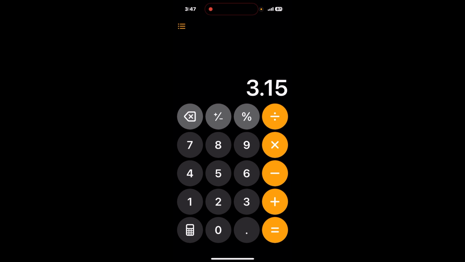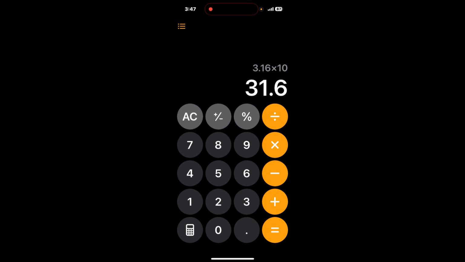So 316 times 5. This is the 5x. Your account has reached the price of 5 Litecoin. So this will give you 1580. Now let's go to the 10x.